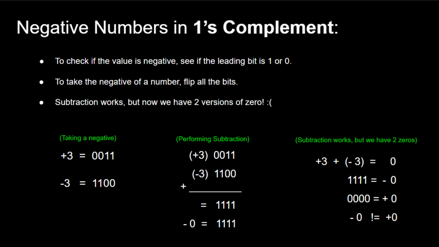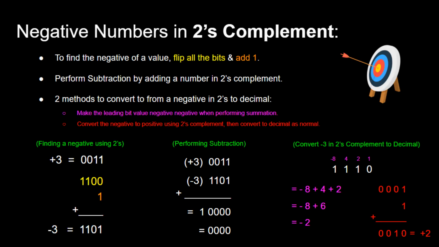If we add 0011 plus 1100, we get 1111. So 1111 should be 0 because we added negative 3 and positive 3. So why is it 1111? Well, there are actually 2 versions of 0 in 1's complement, a positive 0 and a negative 0.